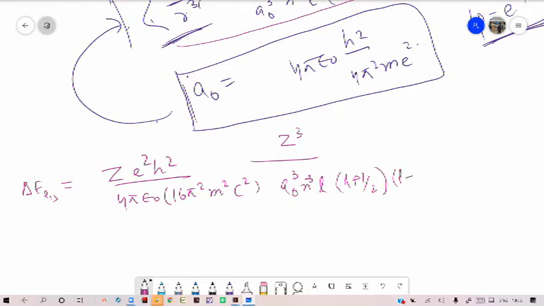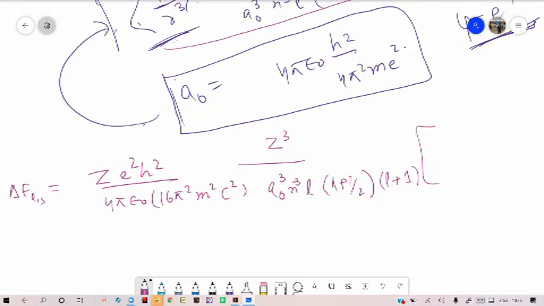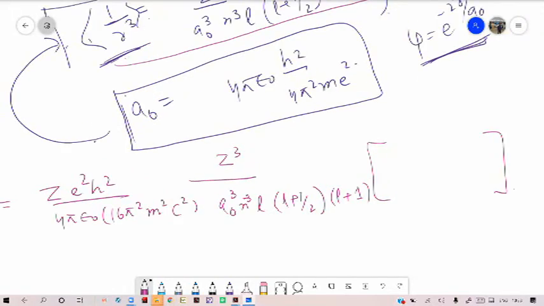Don't worry about the expression, because if you understand the above steps, it will be easy for you. I will write this factor here: j into j plus 1 minus l into l plus 1, and so on.